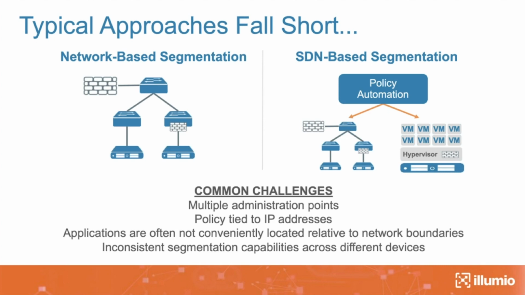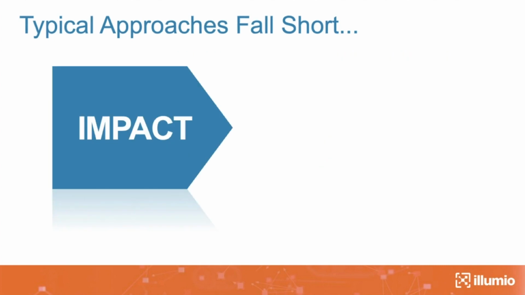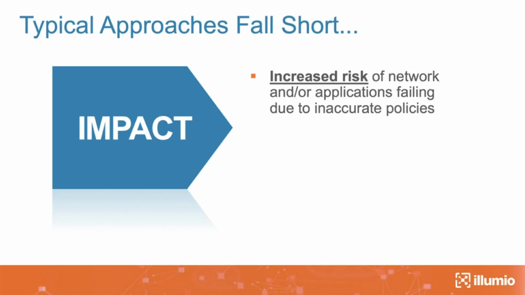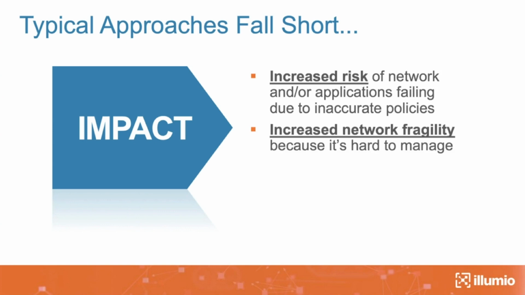So really what it comes down to is that these approaches fall short, and the impact is not just technological, right? What it really means is that if you can't drive accurate policies, then you have increased the risk in your environment. If you cannot manage those policies well, then essentially you have created a posture that is very fragile.